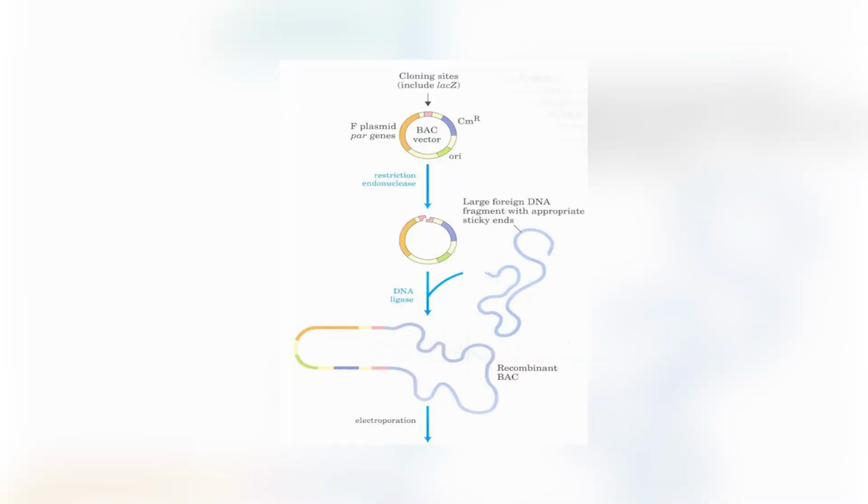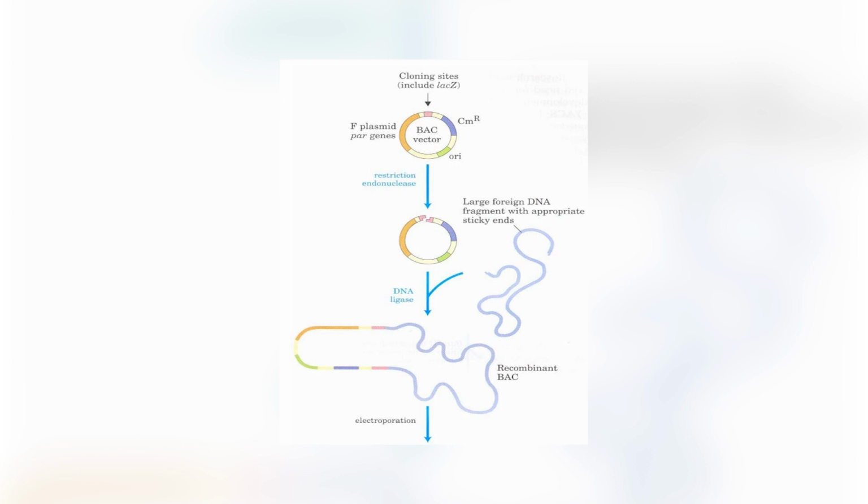Electroporation is an artificial method by which you can create pores in the bacterial cell membrane, so that you can introduce the foreign DNA or the recombinant BAC clone into the cell. Then you start the selection. Chloramphenicol is a kind of antibiotic which we have used as a selectable marker gene.